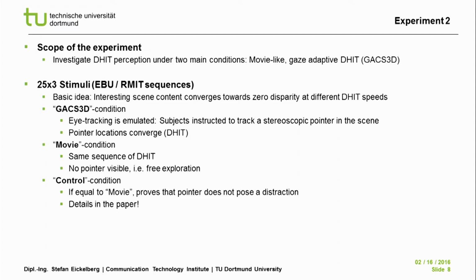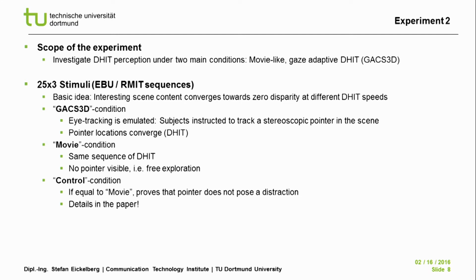However, we did not use an eye tracker at this stage. Instead, we presented a stereoscopic pointer at a series of interesting locations, and these locations would converge to the display plane using the DHIT. And the subjects were asked to track this pointer with their eyes.